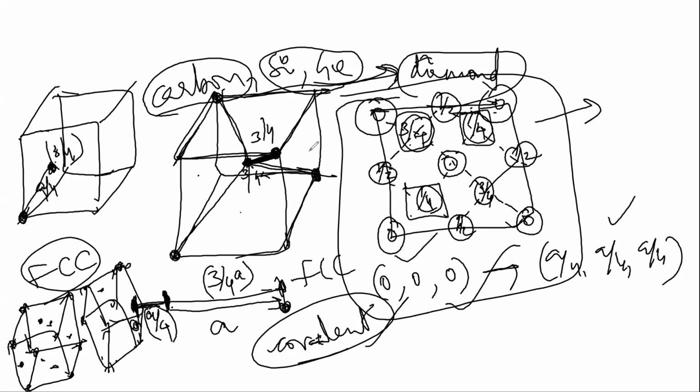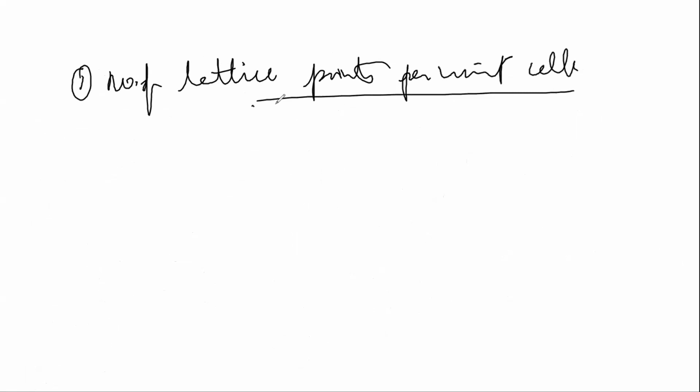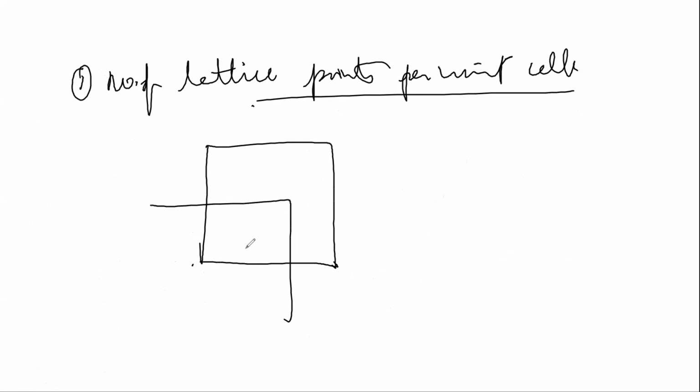Now let me calculate the number of lattice points per unit cell for diamond. As I explained in the previous classes, we have the same as the FCC structure.